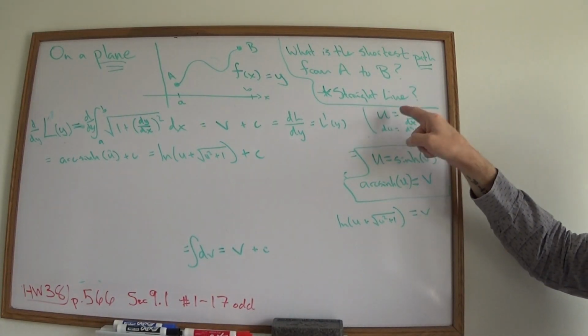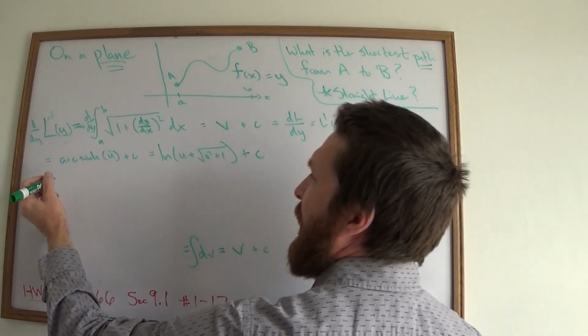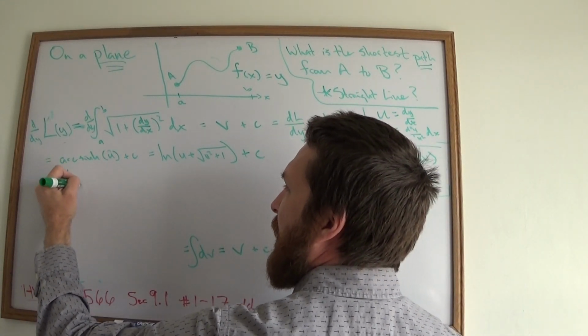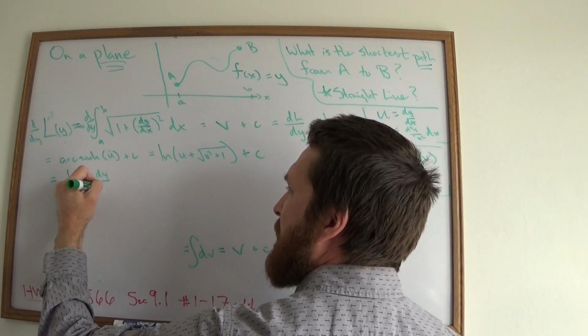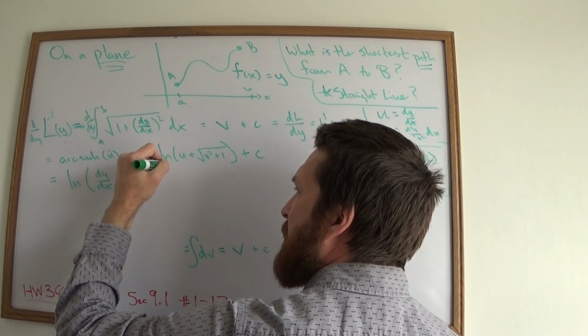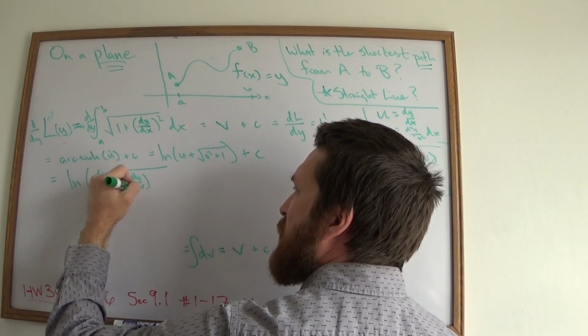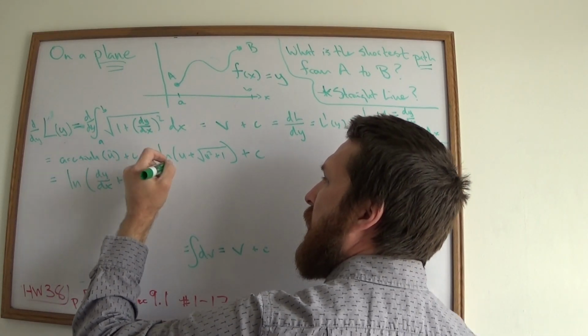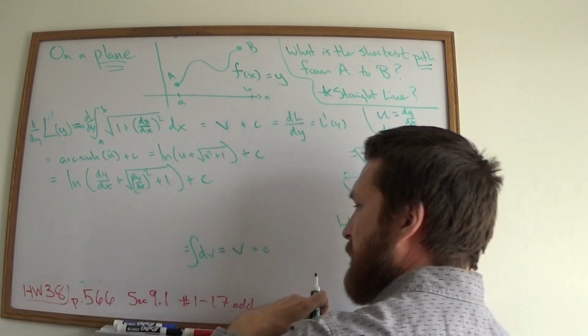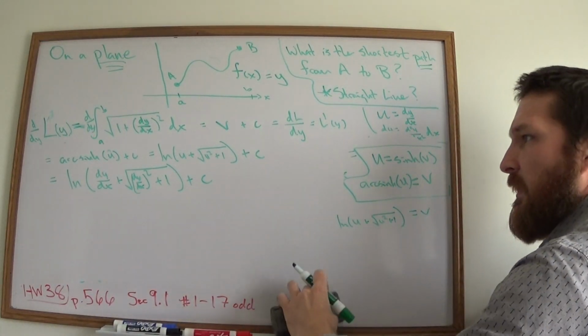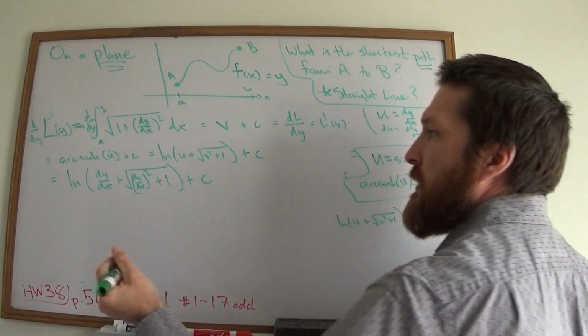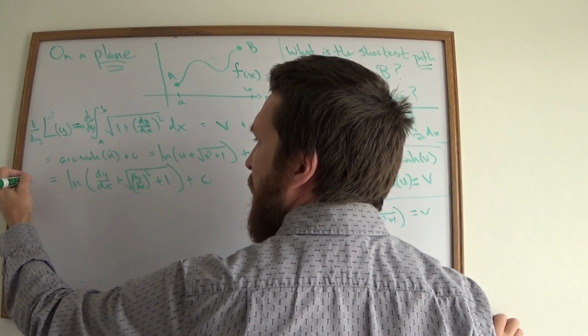But u was dy dx. So log of dy dx plus the square root of dy dx squared plus 1, all of that plus c. And we said that that is equal to dL dy.